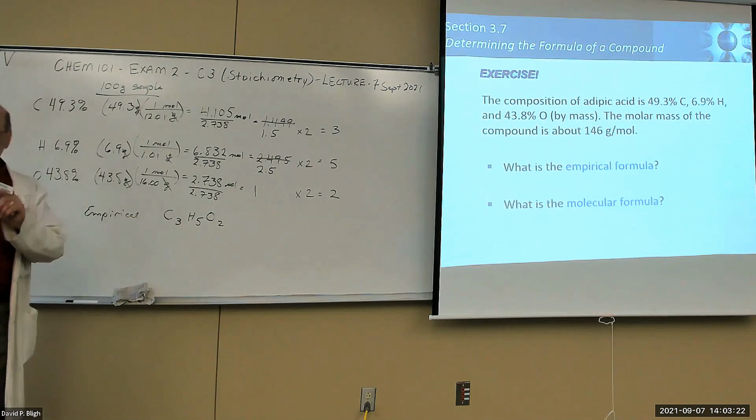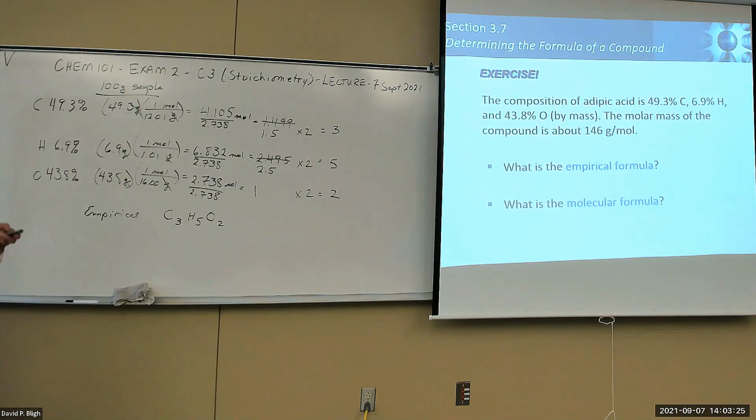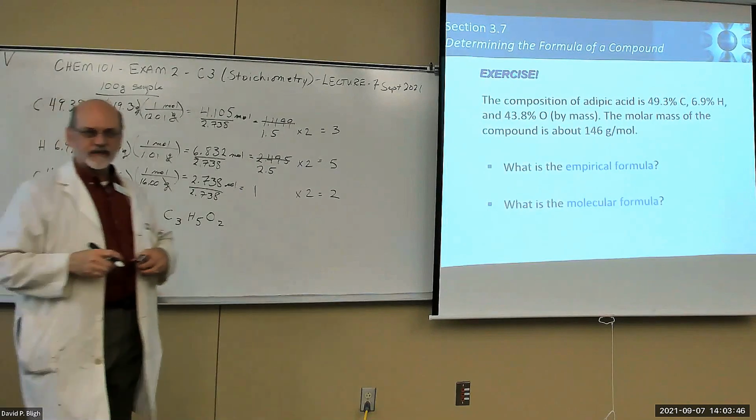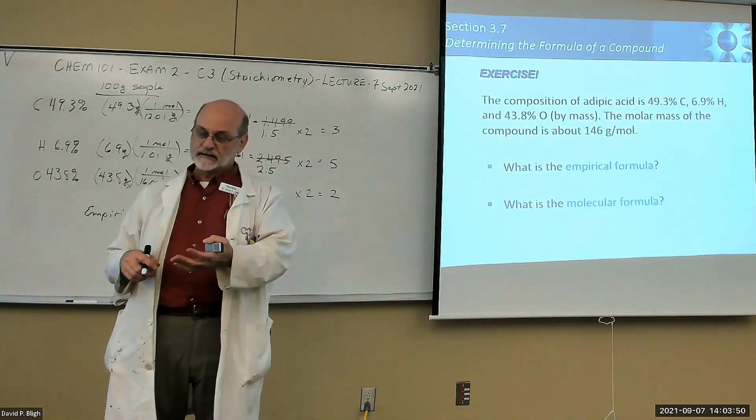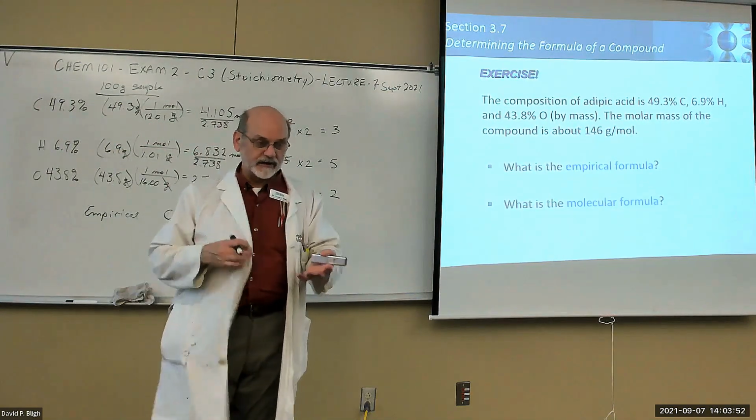Now, you need another piece of information that just so happens we're given. This is the actual molar mass of the compound. And there are a number of ways you can do this. Most of them involve colligative properties. That's second semester. But in a nutshell, a colligative property is not a property of a particular compound, actually.